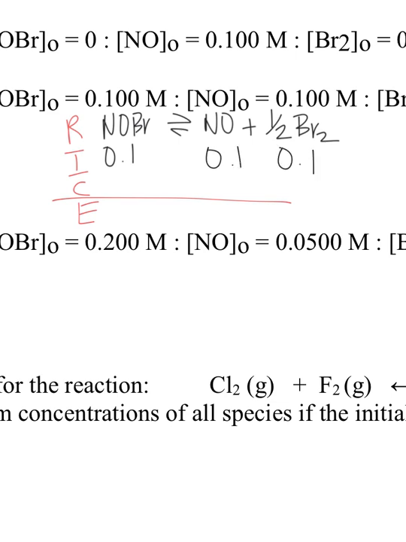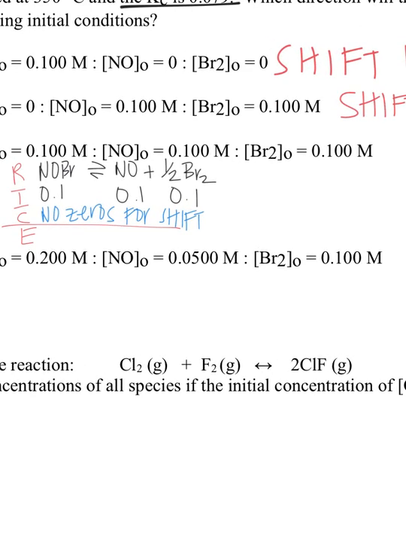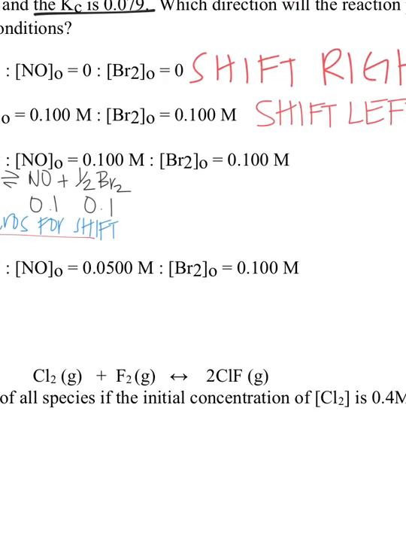Okay, so I don't have any zeros. That's a problem because I usually shift towards my zeros. Okay, but what I can do is I can go ahead and solve for Q, because remember Q deals with initial concentrations, and that's all I have.